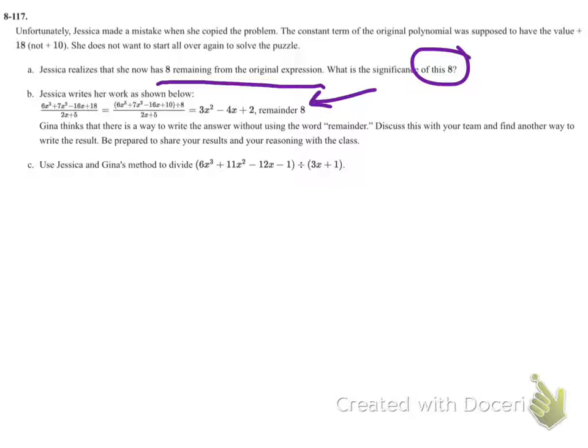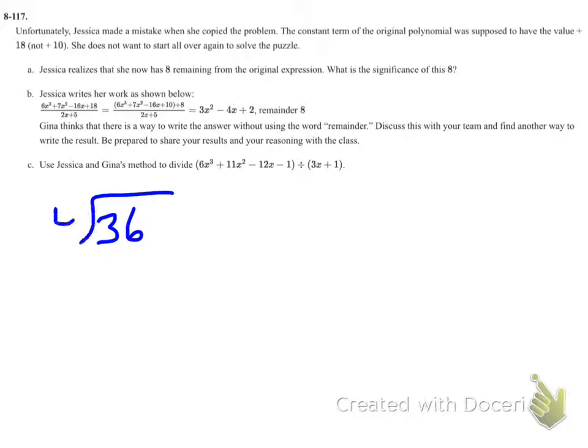So thinking quickly about a remainder, if we take, let's say, something like 36 and we divide it by 4, that divides evenly and we get an answer of 9. But instead, what if we divided 37 by 4?